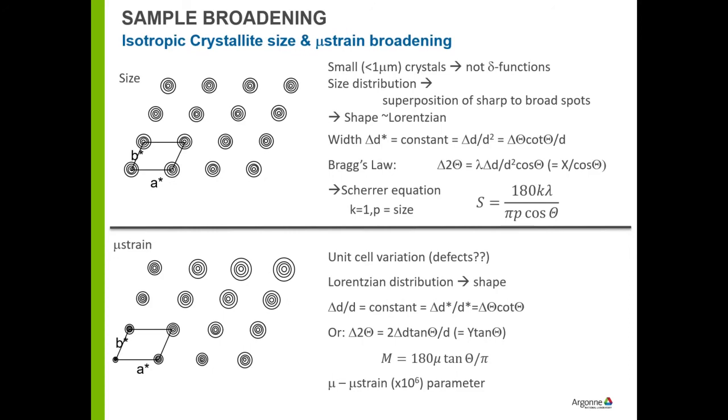And again, if you push your way through all the mathematics and Bragg's law, you wind up with this expression where the broadening then depends on tan theta. And so this one is 1 over cosine theta, and this is tan theta.